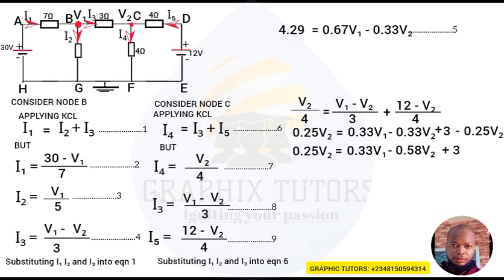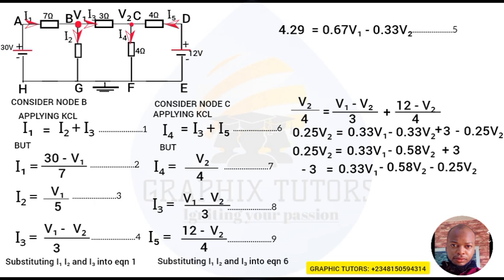Is that taken? It is just collecting like terms, right? Bring all the V2s together and all the V1 together, and you separate the constant. That's why I just did here. So at the end of the day, you'll be having this, because when you take your plus 3 from the right hand side to the left hand side, become negative 3. And when you take your 0.25 V2, which is positive at the left hand side, if you take it to the right hand side, become what? Negative 0.25 V2. So that's what I just did here. So now collect like terms, right?